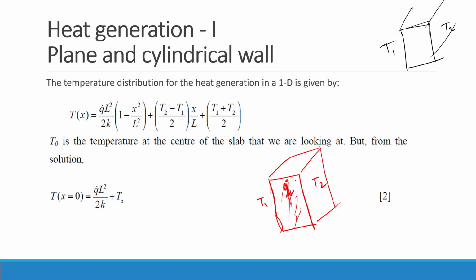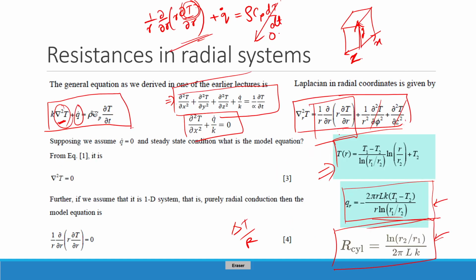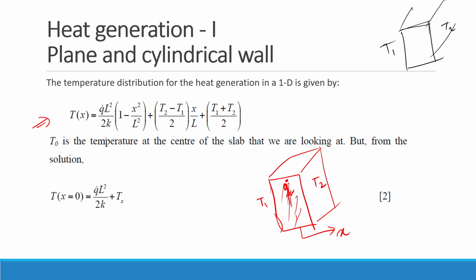Then for the same system, we can write the temperature profile in terms of x as this equation. You can derive this equation by putting appropriate boundary conditions. That is, at x equal to, let's say, minus L, the temperature will be T1. At x equal to plus L, the temperature will be T2, and then you can solve those equations using these boundary conditions to arrive at this equation.